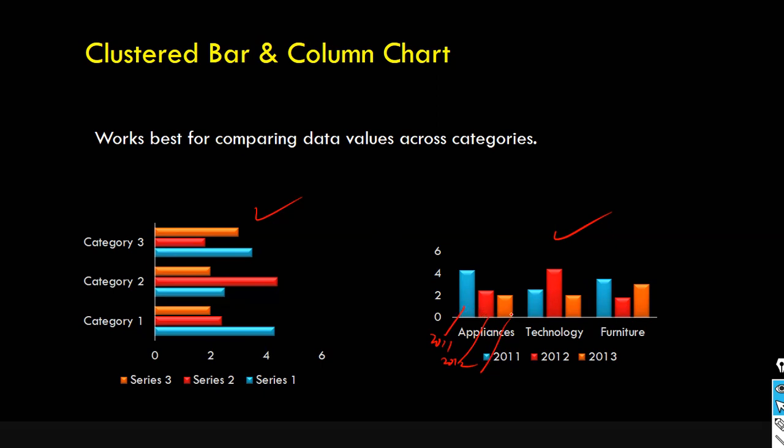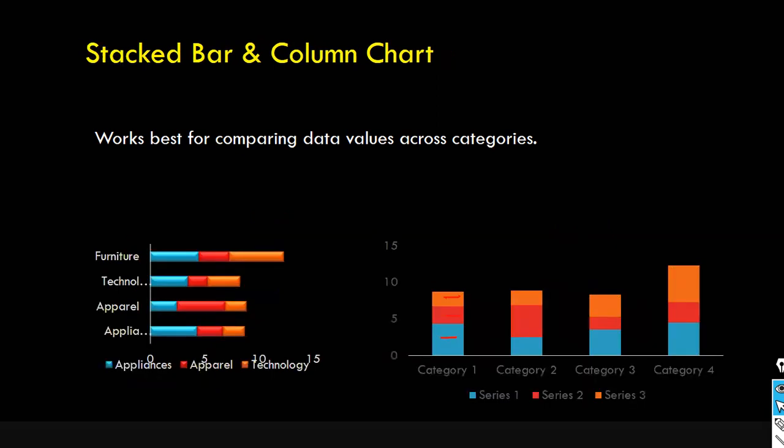If you want to compare the categories side by side, then you can go for a clustered column chart. Whereas in the case of a stacked bar chart, instead of displaying the rectangles side by side, it stacks them one over the other.